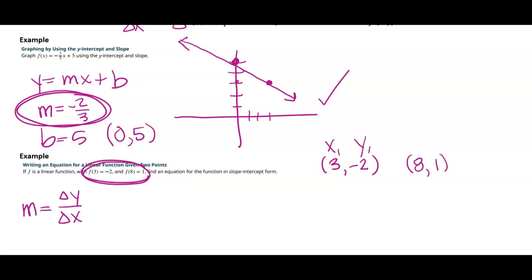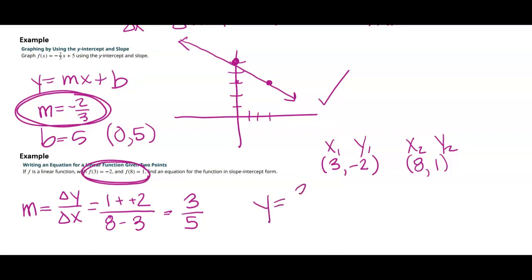So let's call that our first point. And when I plug in x equals 8, y equals 1, let's call that our second point. So y2 minus y1 over x2 minus x1. I'm going to end up getting 3. 1 minus -2, that's the same as adding. And then 8 minus 3 is 5. So I know in my slope-intercept form that m is equal to 3 over 5.